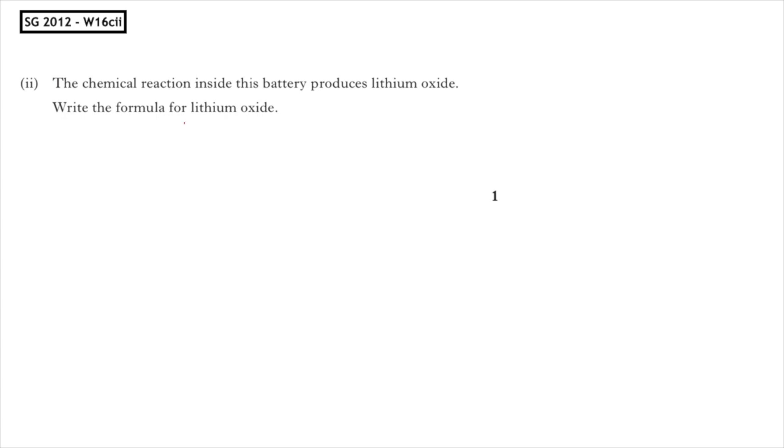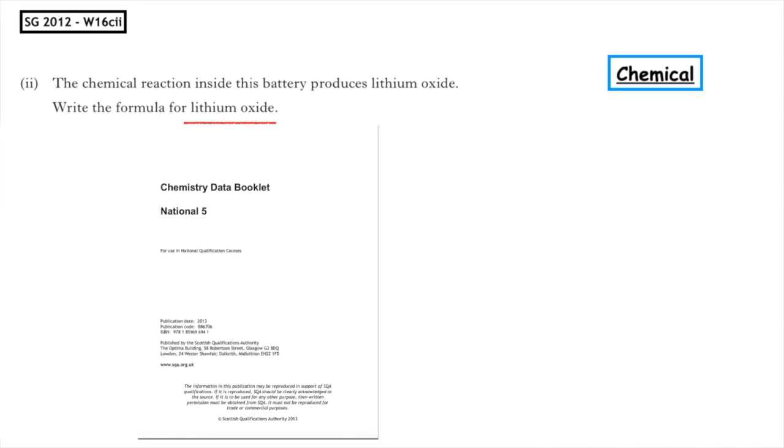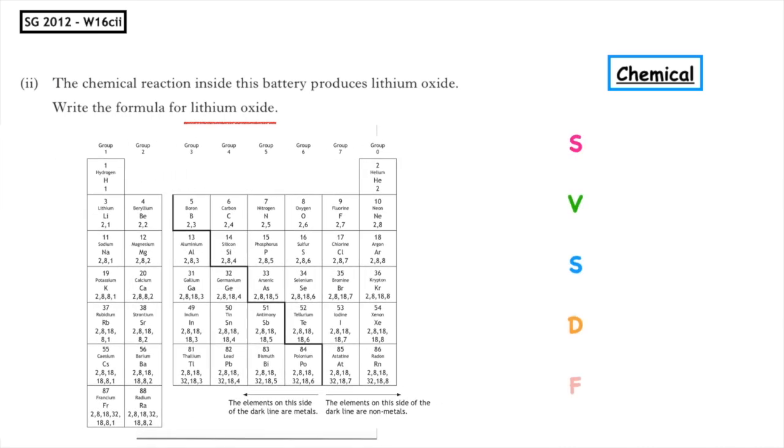This next question is from the standard grade 2012 past paper, written 16C part 2. The chemical reaction inside this battery produces lithium oxide. Write the formula for lithium oxide. The compound ends in "ide", D stands for double, that means we're working with 2 elements. We write our SVSDF, symbol for lithium, Li, found in group 1, valency 1.